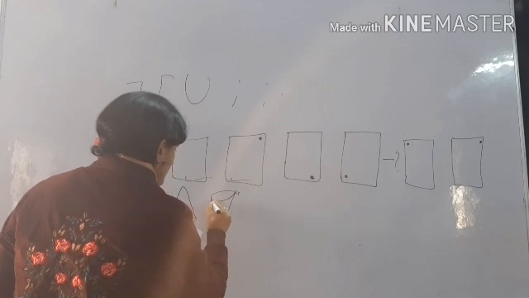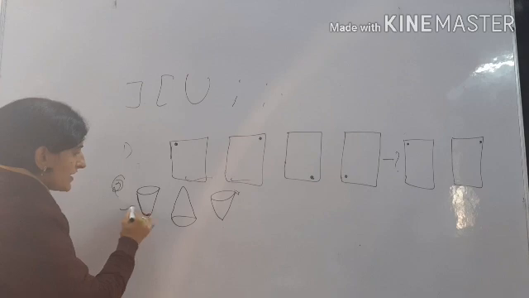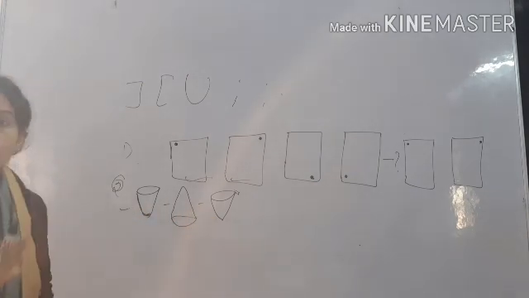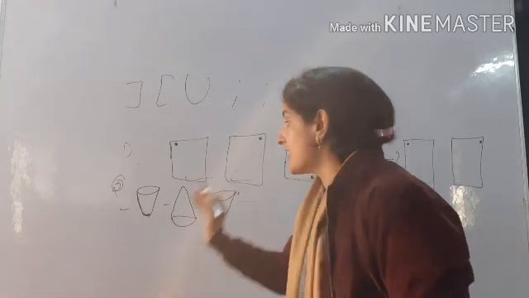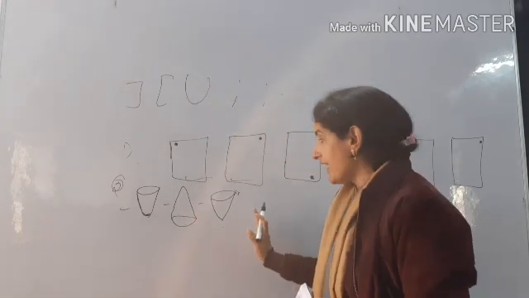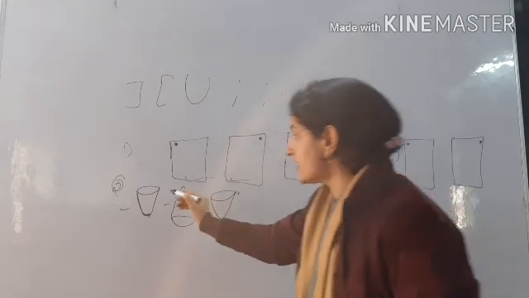Third cone is like this. Okay. So we have been given this cone first, second, third. So which type of shape will be repeated next? Okay. What type of shape will be repeated next? So you can see in the first picture, we have a cone like this.